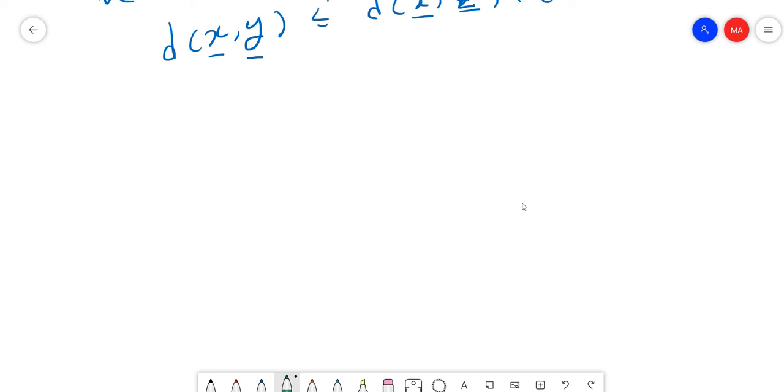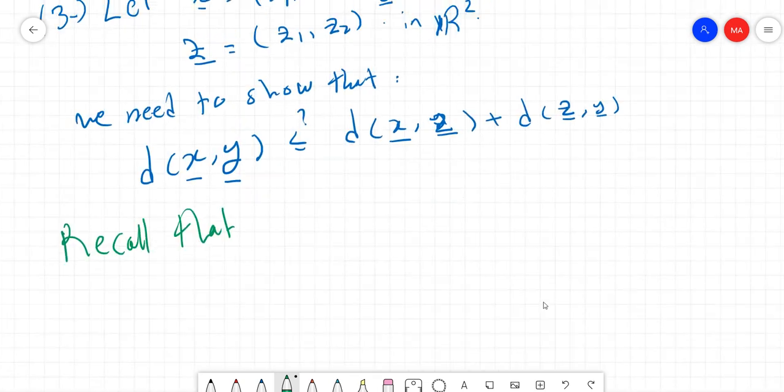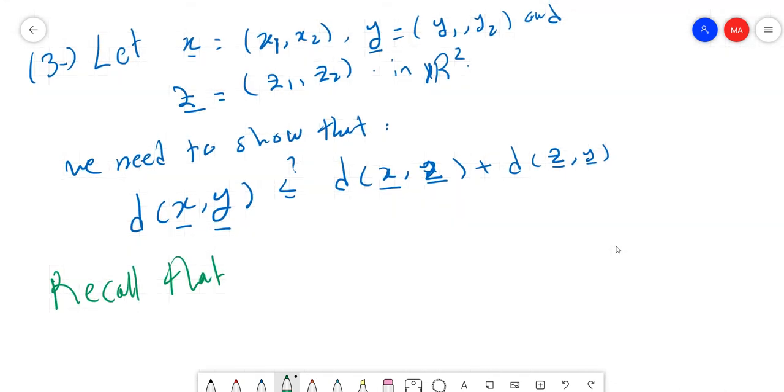Simply, if we have any two complex numbers or real numbers, let us call this star.